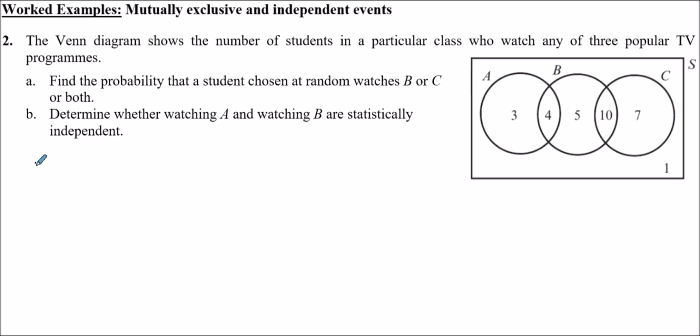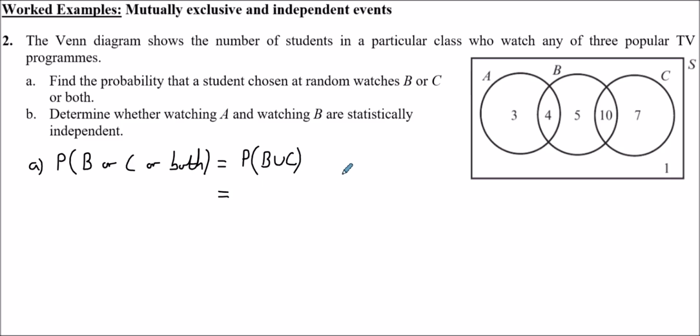So A, probability of watching B or C or both, that's the same as working out the probability that a student falls in the union of B or C.